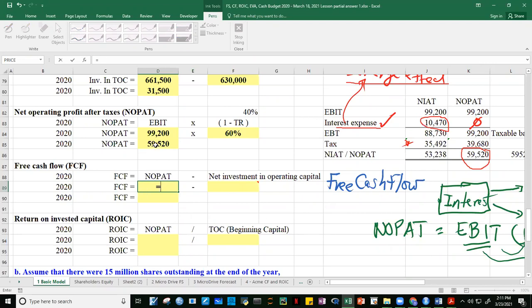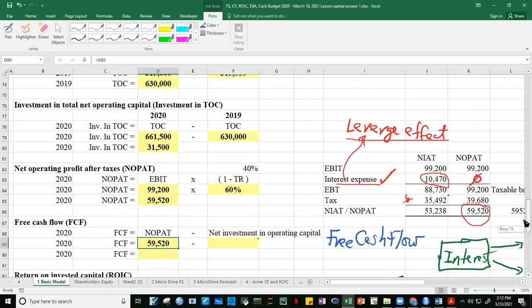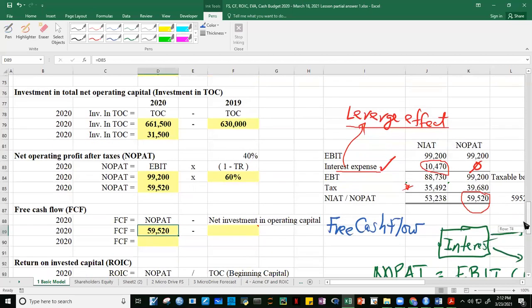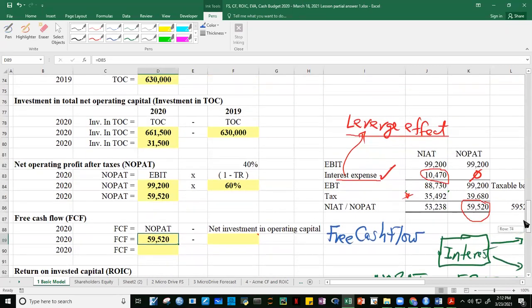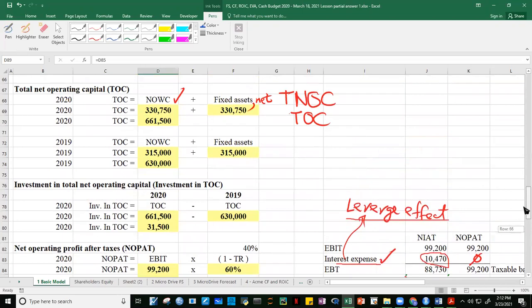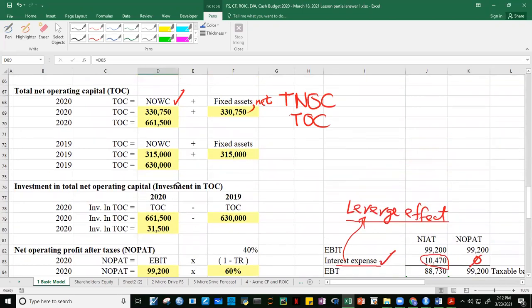NOPAT was 59,520. Okay? So ito guys yung na-generate na operating profit ng management. And then guys, how much was invested in 2020? Magkano in-invest in 2020? At the end of 2019, there was total operating capital of 630.